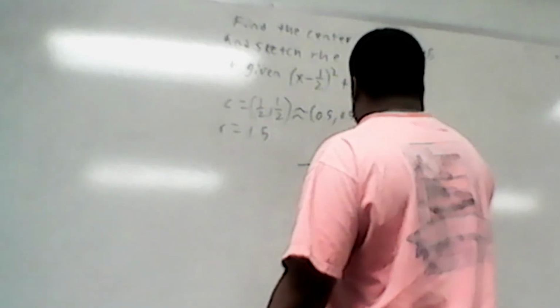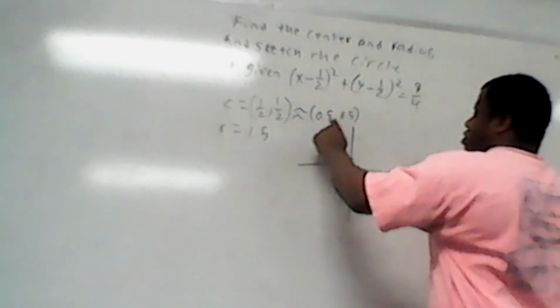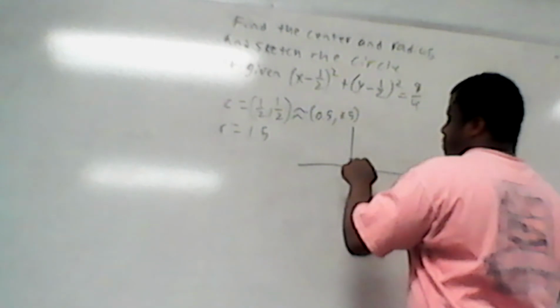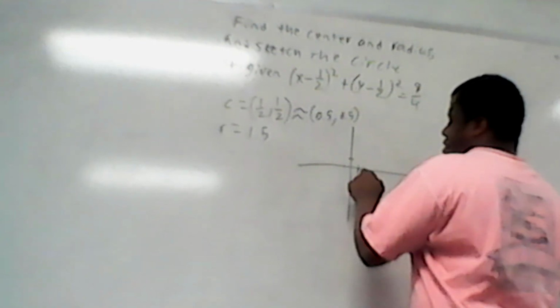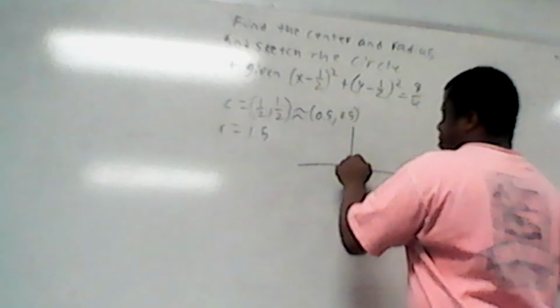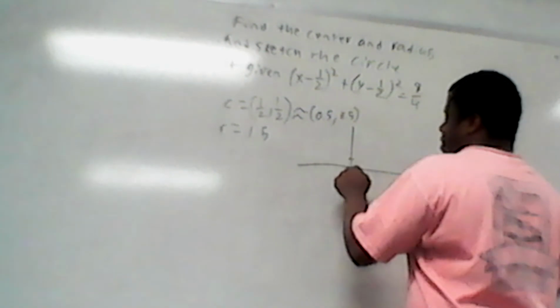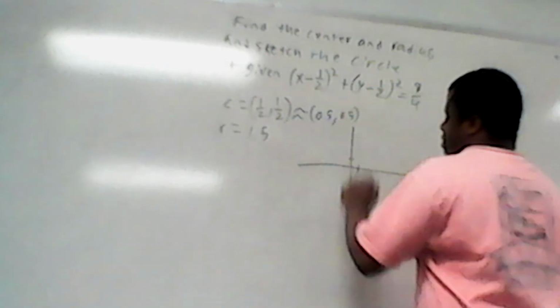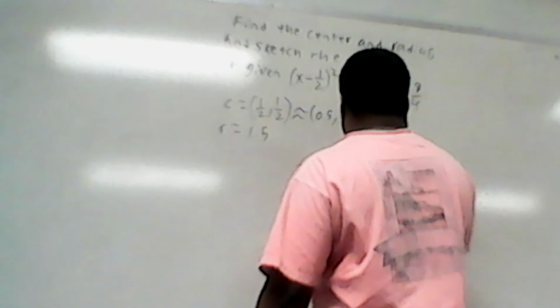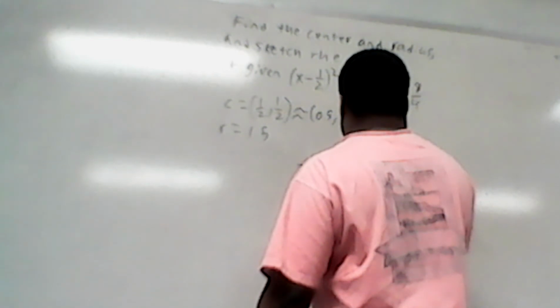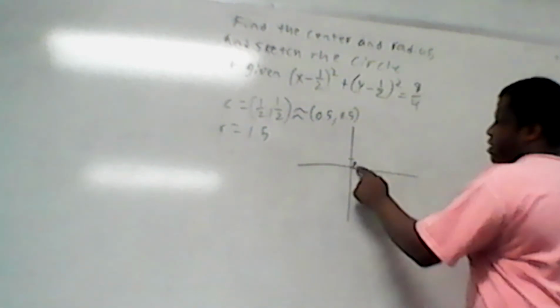So make my tick marks here. 0.5 is halfway between the origin and the 1, and it's the same thing going up on the y. So my center is here. This is center c. It's going to be there.